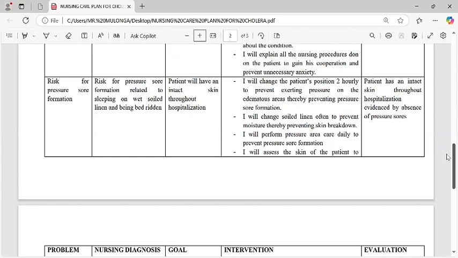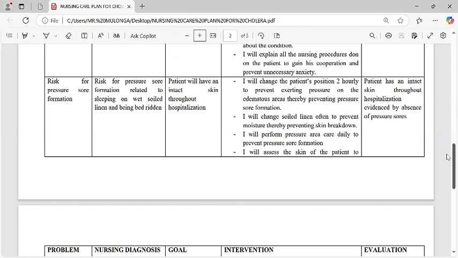The skin will break. So here we can say risk for pressure sore formation, or risk for impaired skin integrity. So it can go either way.